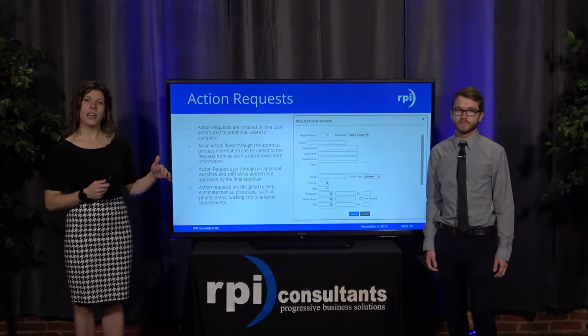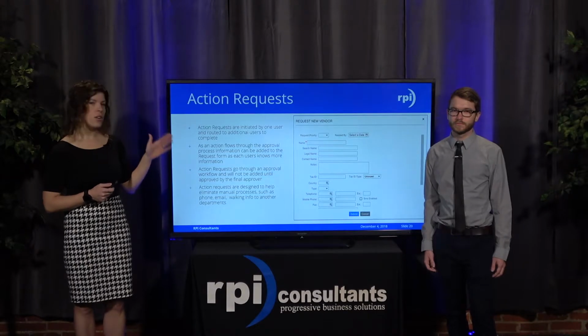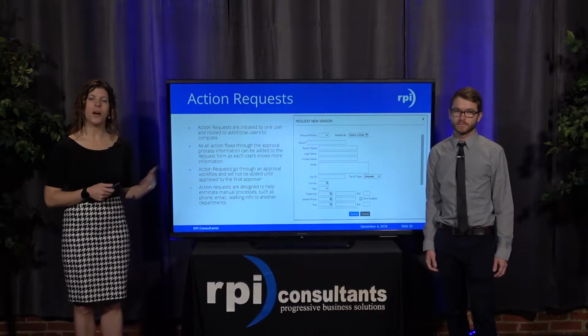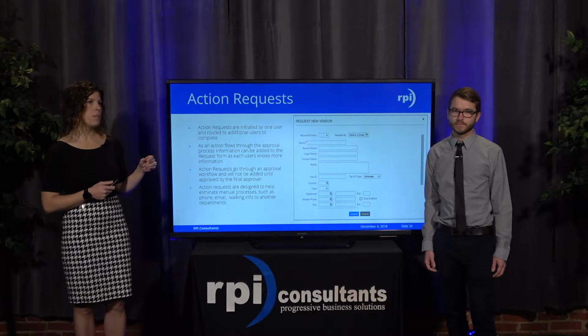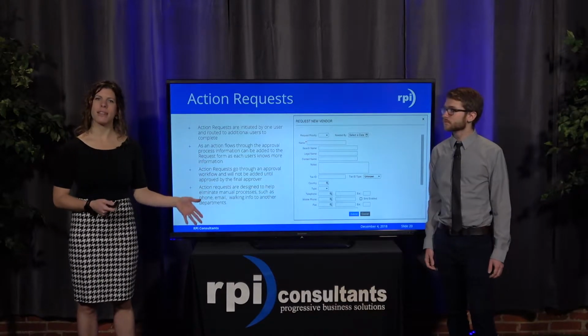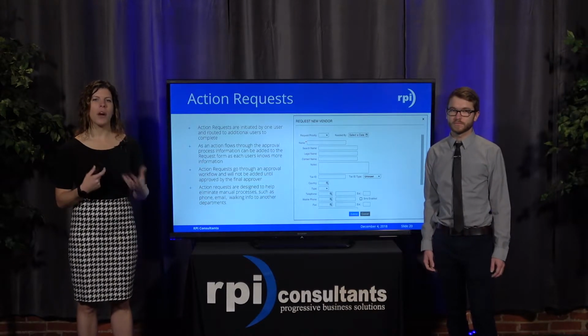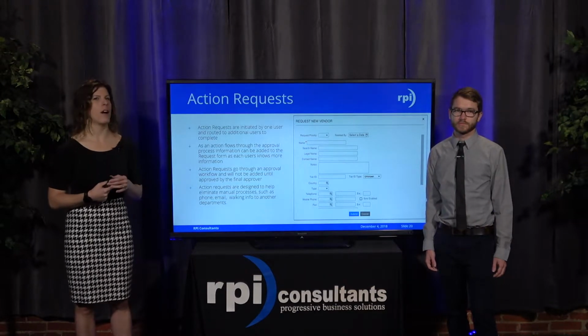So it's initiated by one user, and then you can route to additional users to approve that request. But the action request itself is pretty basic, right? So you're going to want to configure that so it meets your business process.